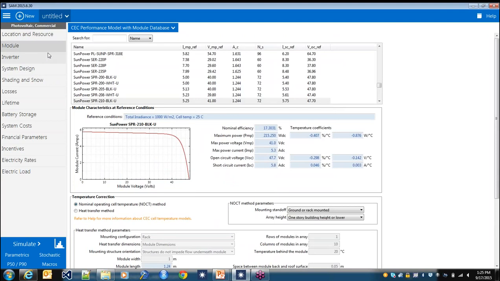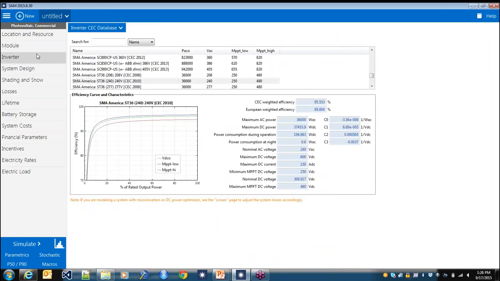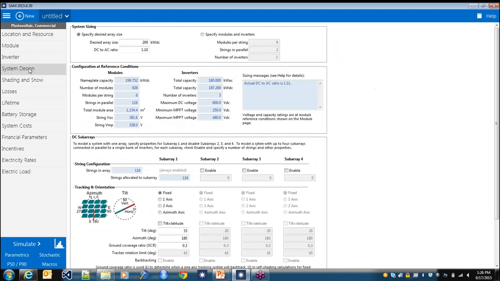We'll go ahead and leave the module alone, and the same with the inverter. If you wanted to, you could go through and select an inverter or input your own information about an inverter or PV module. The system design page is where you're going to size the PV system.